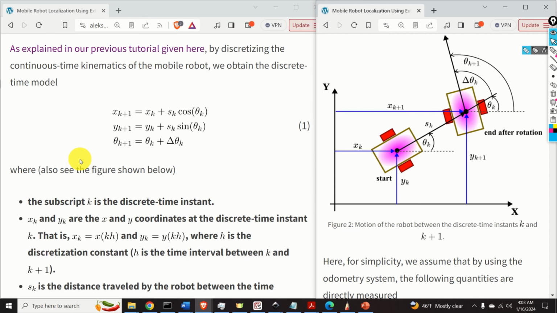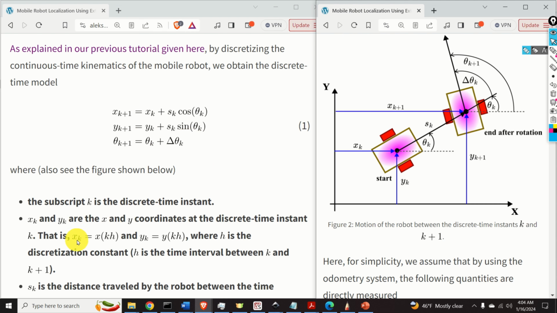As explained in our previous tutorial, whose link is given in the description below this video, by discretizing the continuous time kinematics of the mobile robot, we obtain the discrete time model represented by this set of equations. In these equations, the subscript k is the discrete time instant. Xk and Yk are the x and y coordinates at the discrete time instant k.